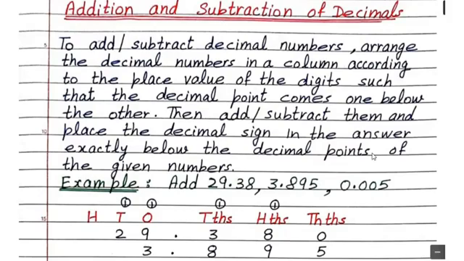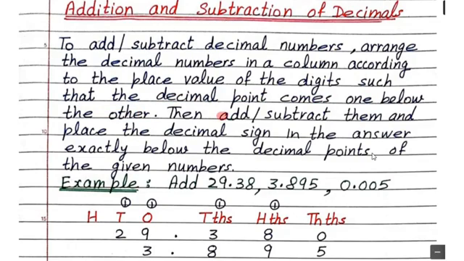Now children, let us discuss addition and subtraction of decimals. To add or subtract decimal numbers, arrange the decimal numbers in columns according to the place value of the digits such that the decimal points come one below the other.